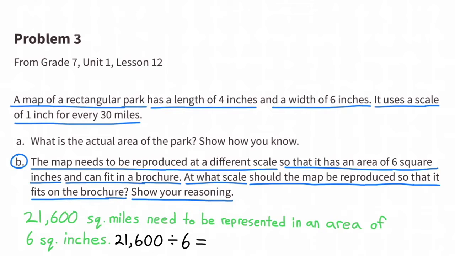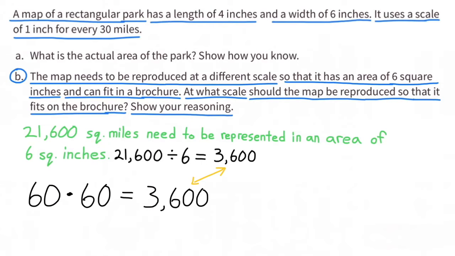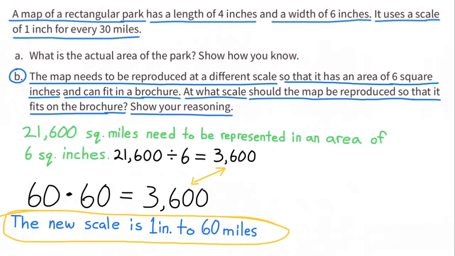Take the area, 21,600, and divide it by 6, and that would be 3,600. Since 60 times 60, or 60 squared, equals 3,600, the new scale would be 1 inch to 60 miles, or 1 inch for every 60 miles.